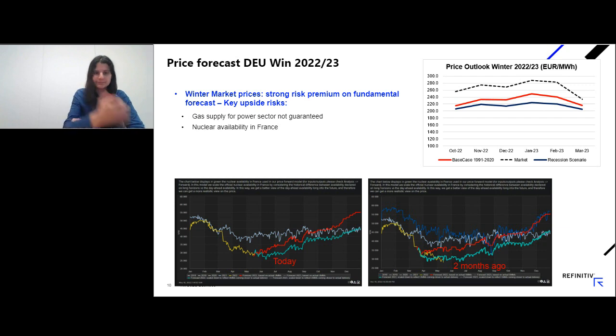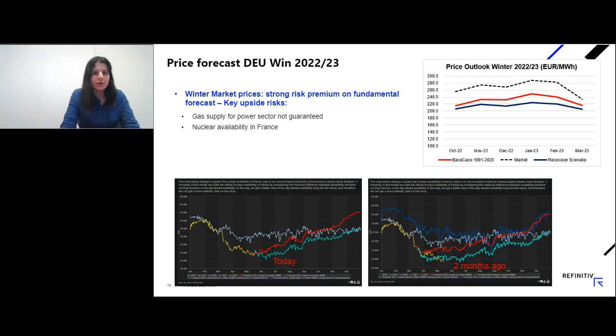On the other side, the worries are also extremely strong when it comes to the nuclear power availability in France this winter, which according to what we see in the REMIT data, pictured here in the red curve, will be rather low. We are counting right now with around 43 gigawatts of capacity.